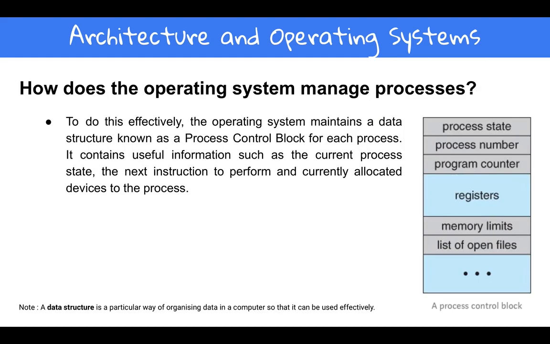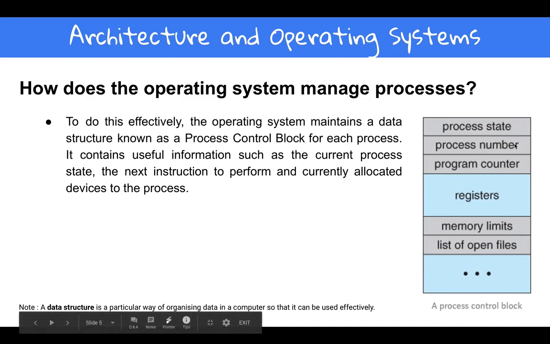But how computer and how operating system manage these processes? As you see here, and similar to what we have in networks and packets, we've got a unit of data or data structure for that. So operating system manages this process using this block of information for each process, which is called a process control block.